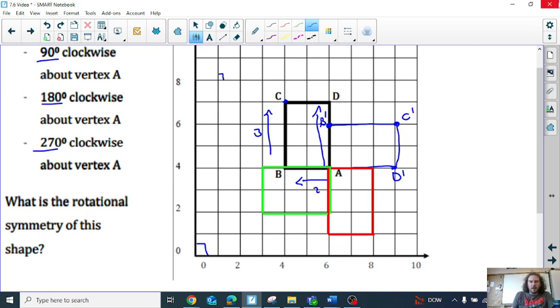Okay, so there are my two new shapes. So we have B prime, C prime, and D prime. And in fact, maybe I'll use double prime to indicate that these are not the same as the other ones. And then we have B triple prime, C triple prime, and D triple prime.